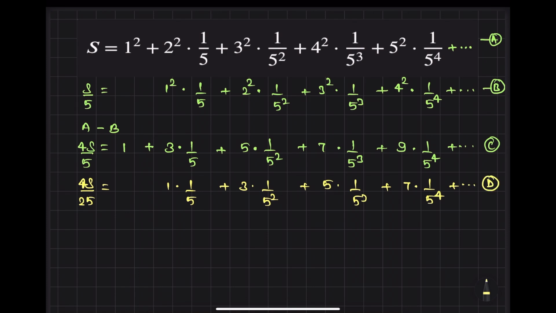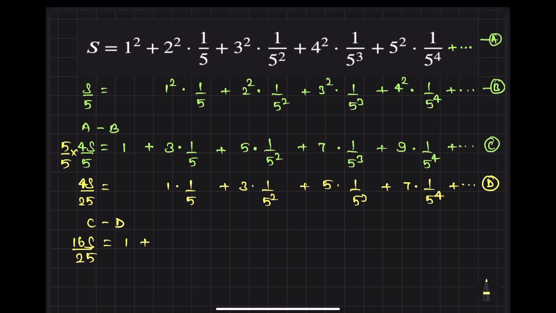Okay, now what we have to do, we have to subtract C minus D. If you observe, the denominator below is 25, so we will make it 25. So 20 minus 4. Okay, so 20 minus 4 is 16S by 25, and then we are done.